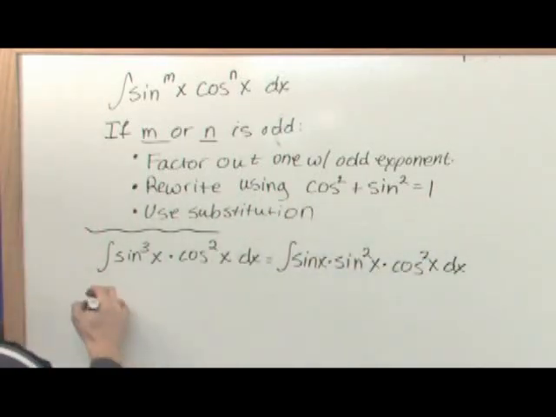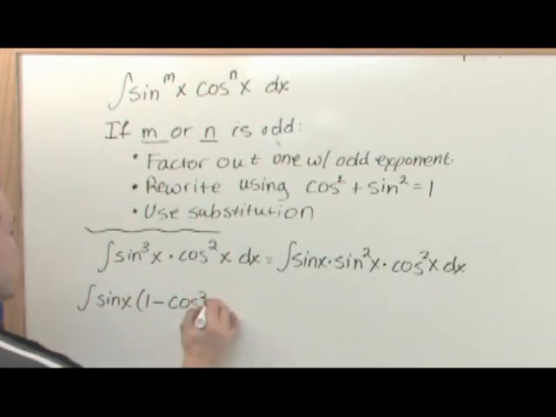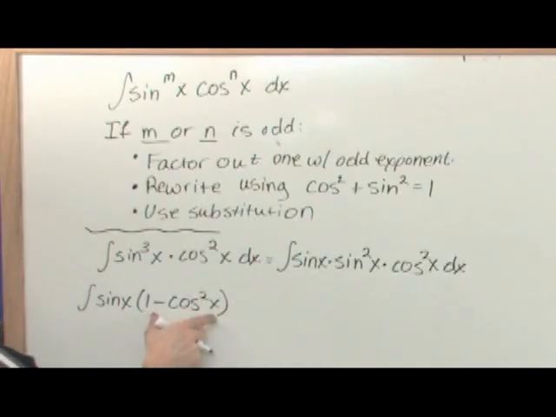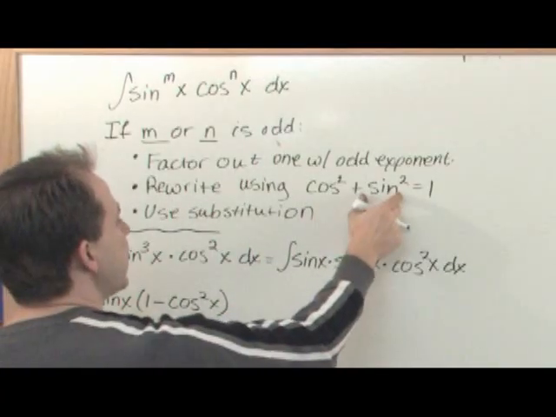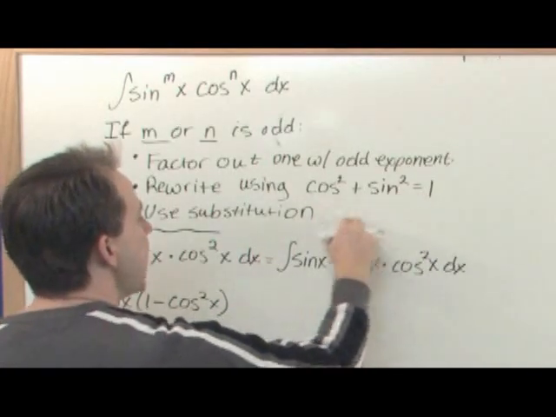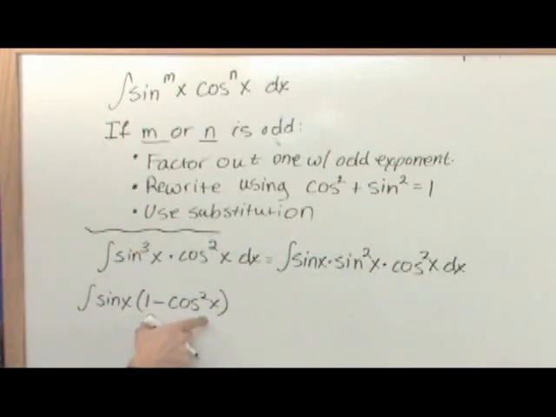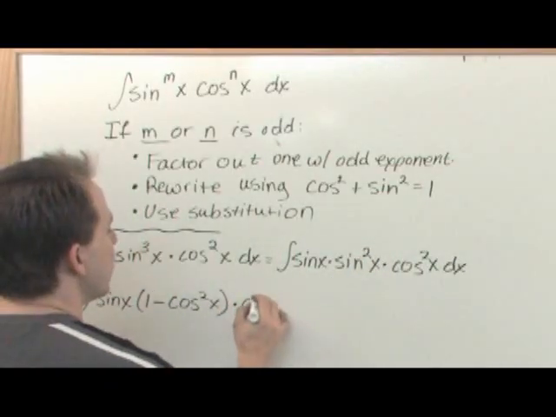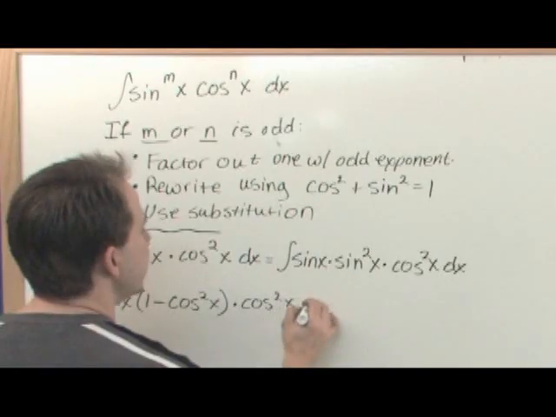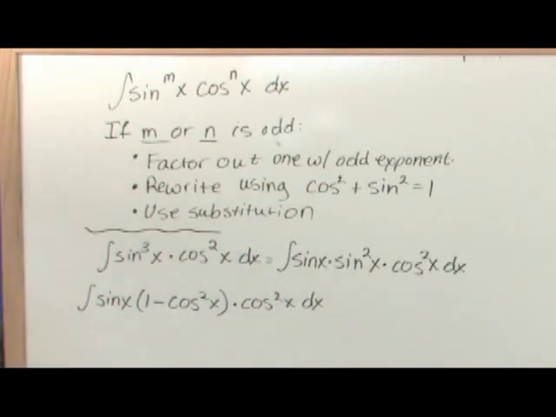So this is equal to the integral of sine x times 1 minus cosine squared of x, since sine squared is 1 minus cosine squared, times cosine squared of x dx. All I've done is plug that in here. Now here's where the fun starts.